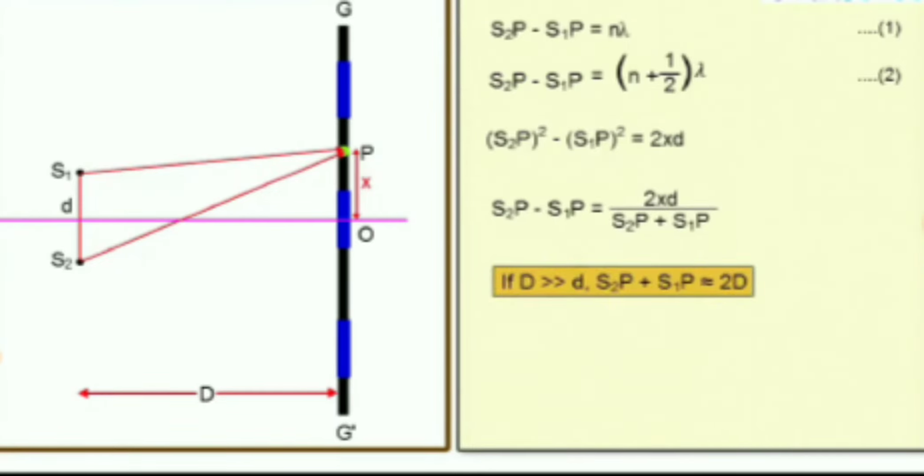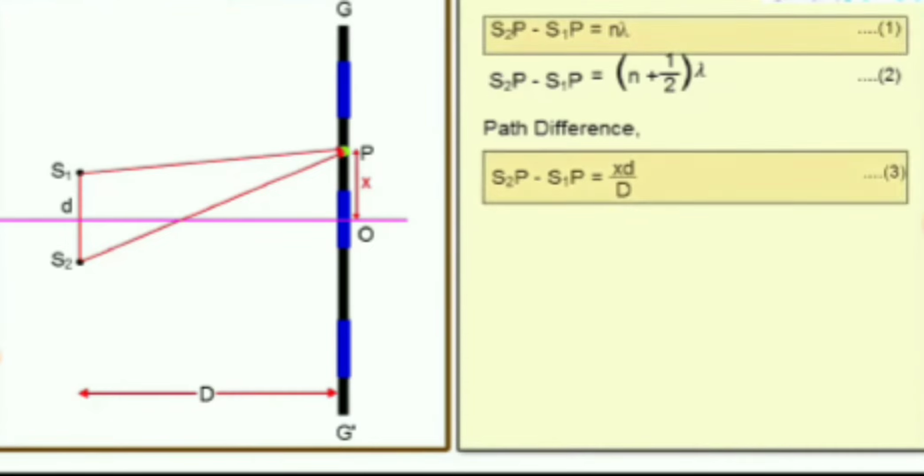If capital D is much greater than the small d, then we can assume that S2P plus S1P is approximately equal to 2D. Then the path difference S2P minus S1P is equal to x into d by D. Let us label this as equation 3.